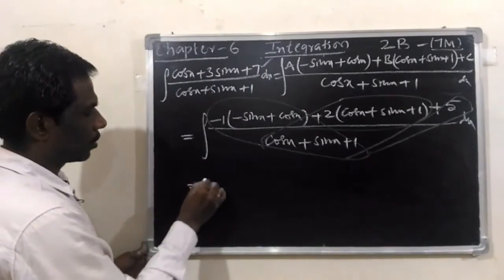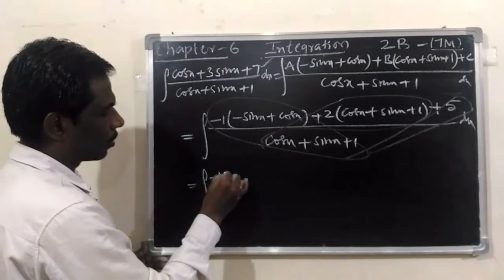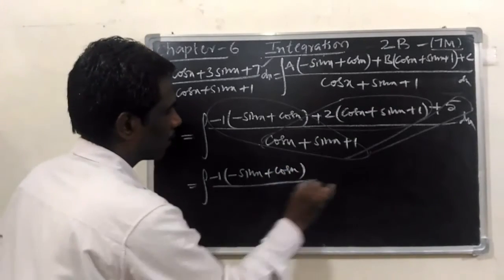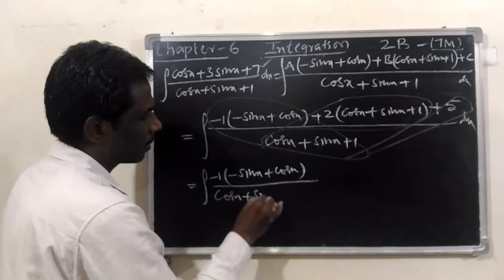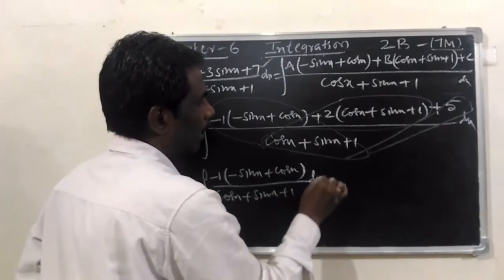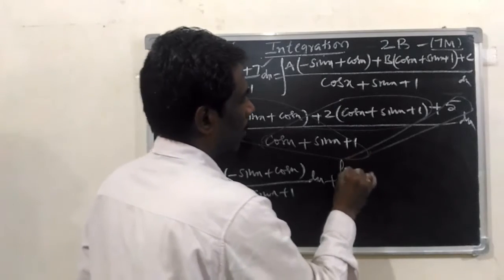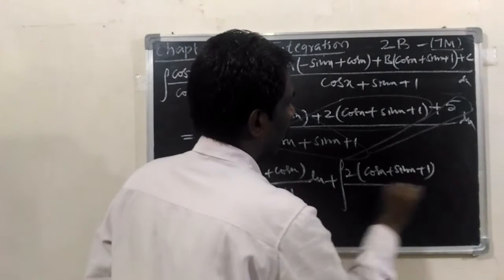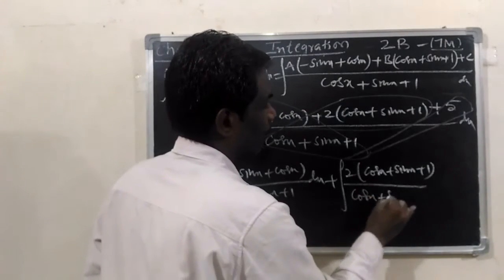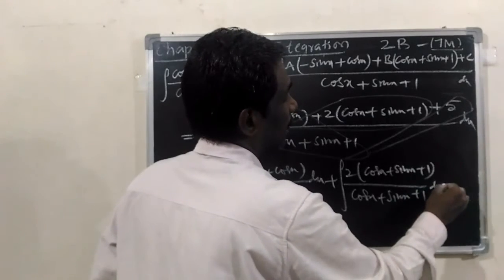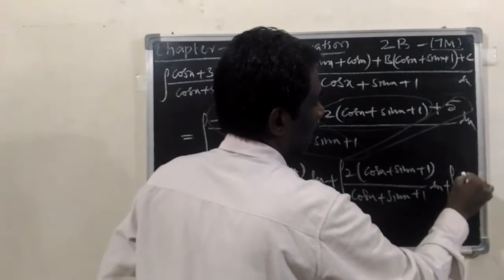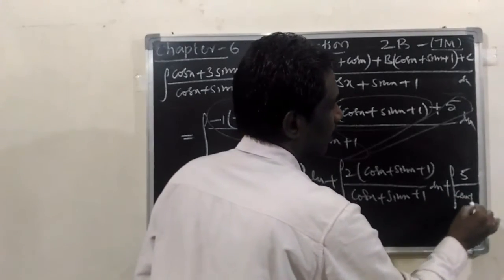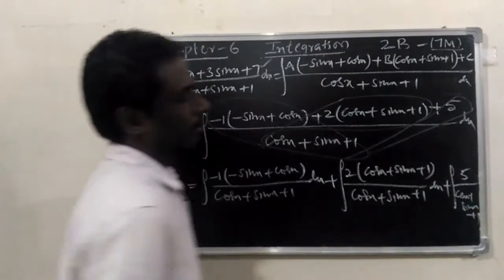So this is equal to integral minus 1 into minus sin x plus cos x by cos x plus sin x plus 1 into dx plus integral 2 into cos x plus sin x plus 1 by cos x plus sin x plus 1 dx plus integral 5 by, write this one, cos x plus sin x plus 1 into dx.